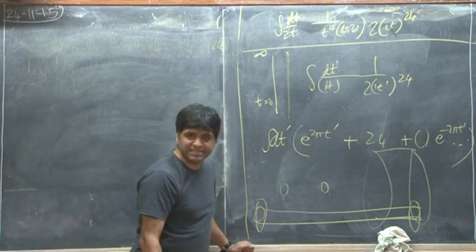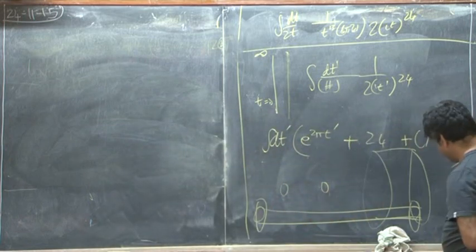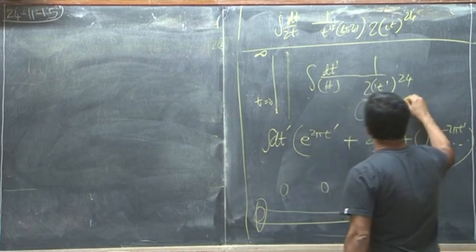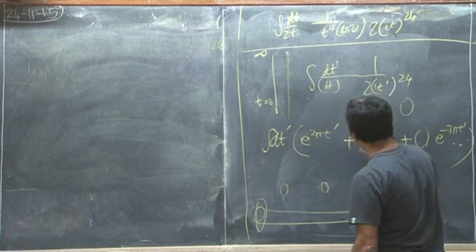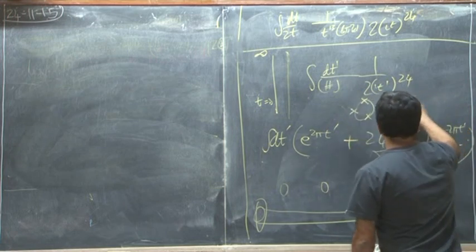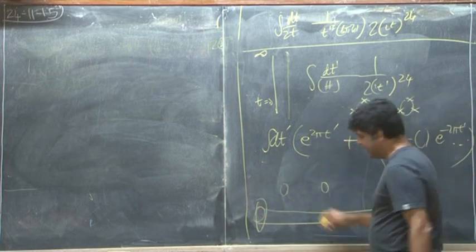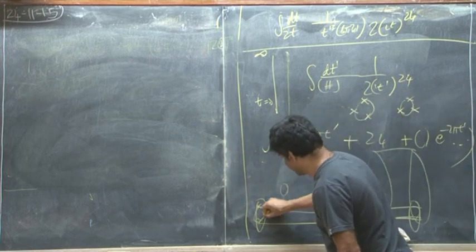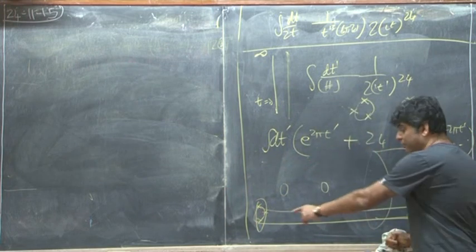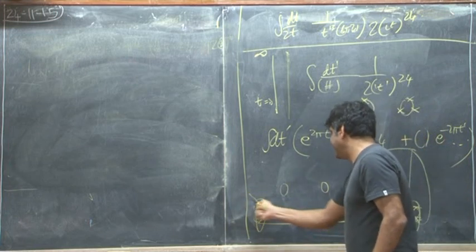So let me first generalize this amplitude. Suppose instead of computing just the partition function, we have computed scattering of open string states. So say that we have some number of insertions here and some number of insertions there. Once again you get the same picture, except you would have some number of insertions. Now you will have the same kind of thing, except that there's some net injection of momentum.